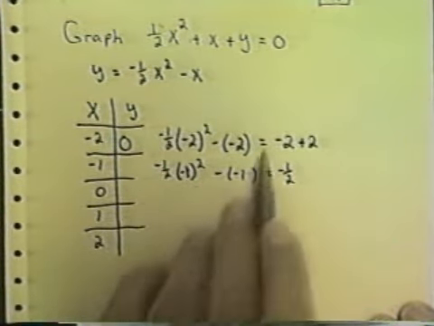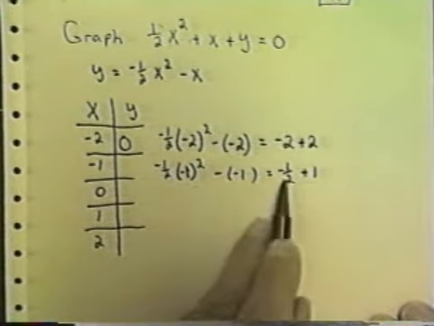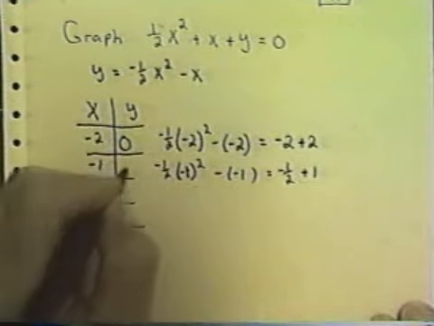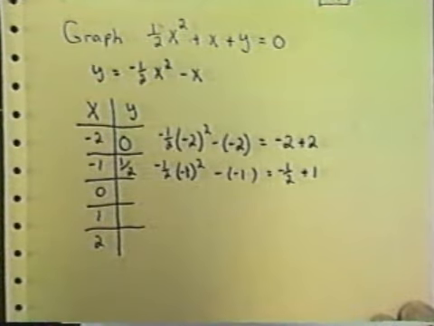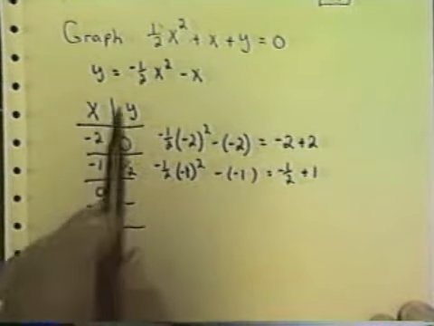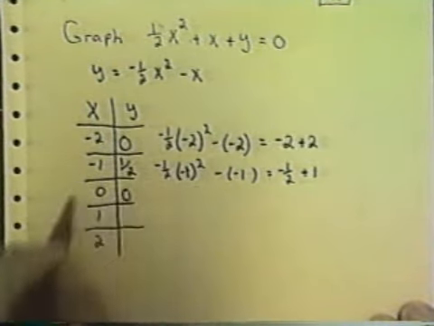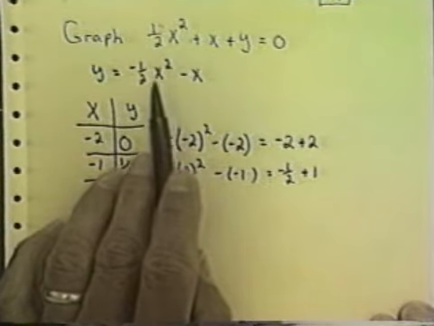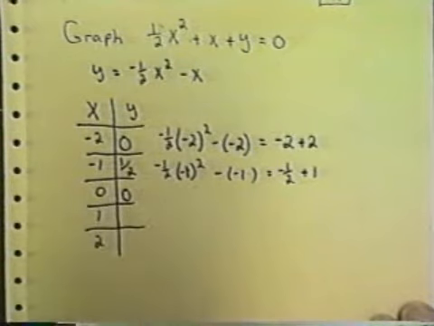Now if I subtract a negative 1, that's the same as adding a positive 1. A negative 1/2 plus 1 is 1/2. I think it's clear to you if I replace x by 0, y is going to be 0, because 0 squared is 0, 0 times the negative 1/2 is 0, and 0 minus 0 is 0.